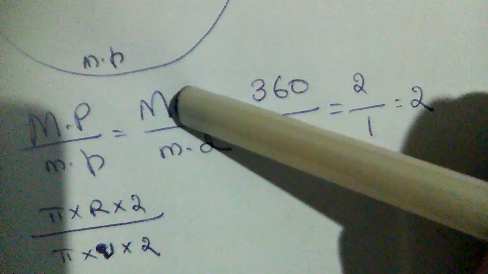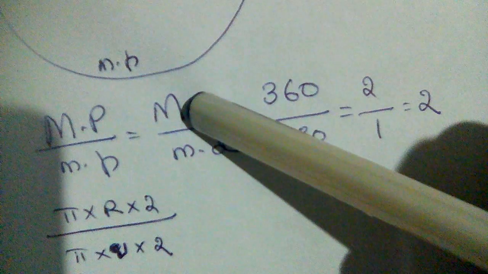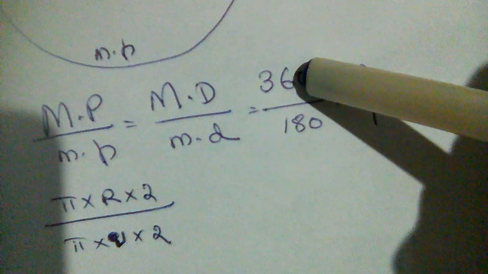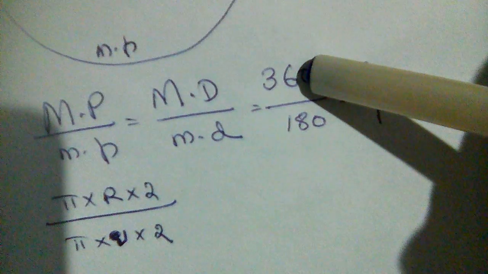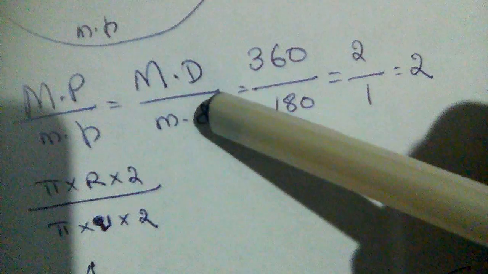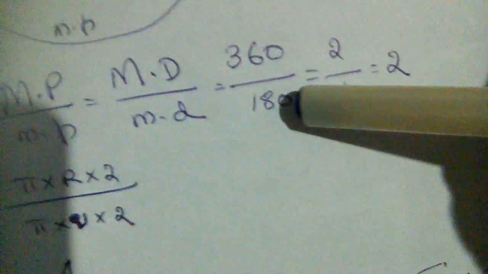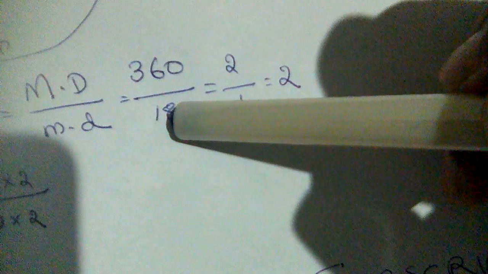This major degree, everybody knows, is 360 degree, and this minor degree is 180 degree. It means this major degree is 2 times bigger than the minor degree.